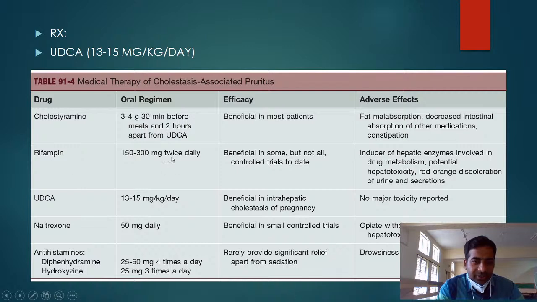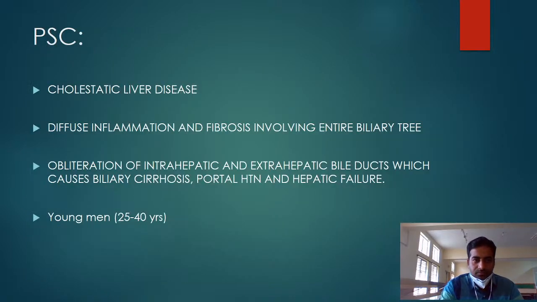Rifampicin you give around 150 to 300 milligrams twice daily, and it is hepatotoxic, that's a side effect. Naltrexone is rarely used because it's an opioid and withdrawal toxicity is there. Antihistamines you can give for symptomatic patients who may have pruritus, such as diphenhydramine or hydroxyzine.